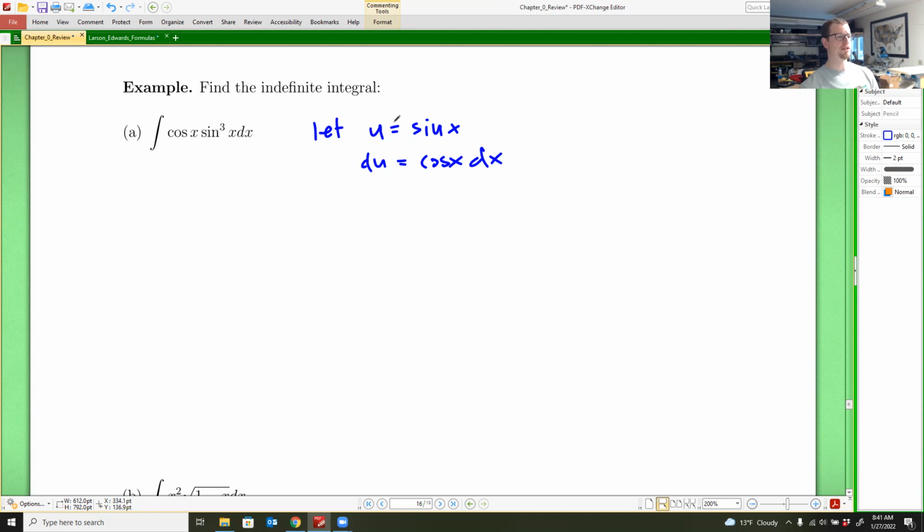And this gives us our complete substitution. That looks very good because I can regroup these things. This is sine of x cubed times cosine of x dx. Now I can see that what I have is u cubed du. Easy enough.